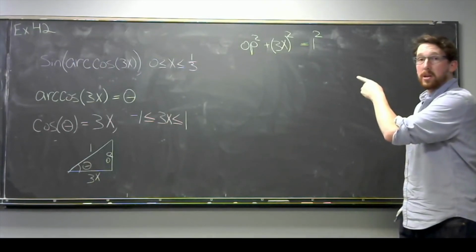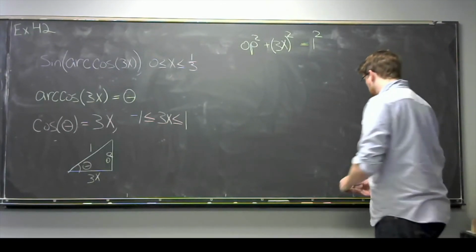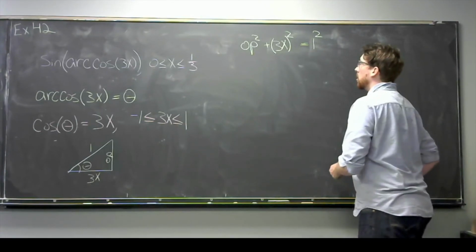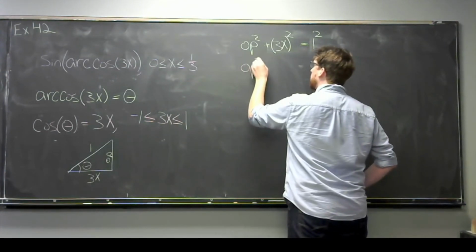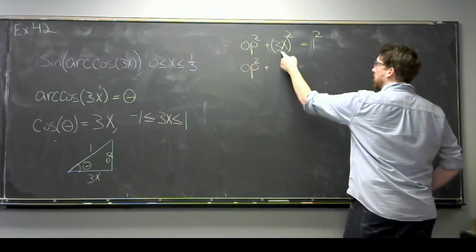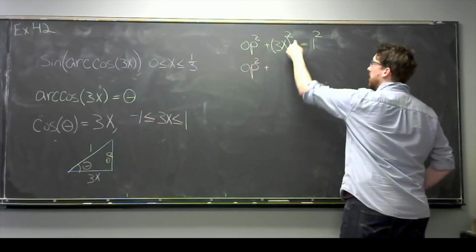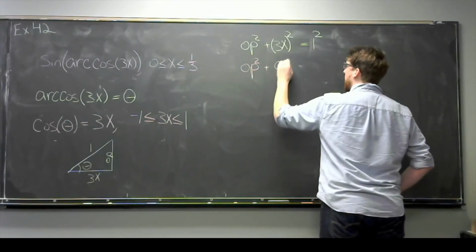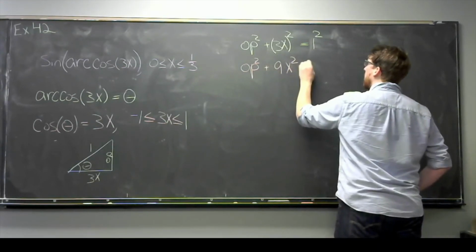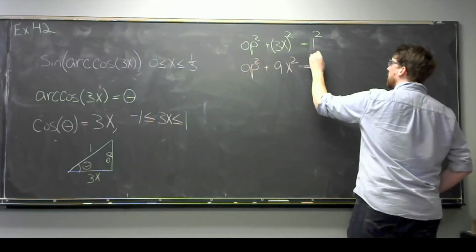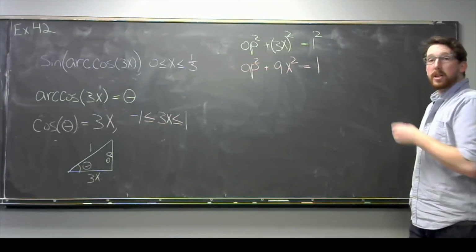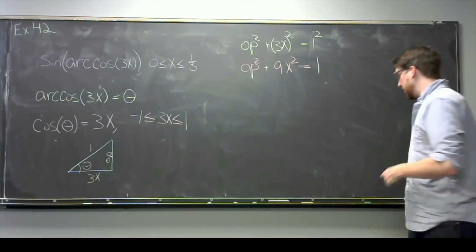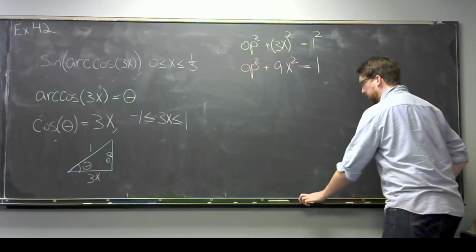Well, conveniently, we can go ahead and start reducing some of these, right? We don't know what OP is, so we're just going to leave it as OP squared. But we do know that 3x, the quantity squared, is going to be 9x squared. And we know 1 squared is equal to 1. So now we can subtract 9x squared from both sides.